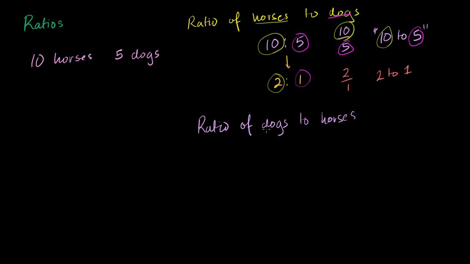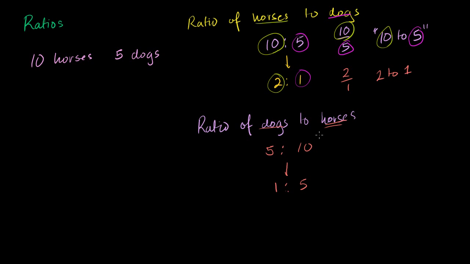So what's the difference in these two statements? Here I said horses to dogs. Here I'm saying dogs to horses. Since I've switched the ratio, I've switched the numbers. For every 5 dogs, I have 10 horses. Or if I divide both of these by 5, for every 1 dog, I have 2 horses.